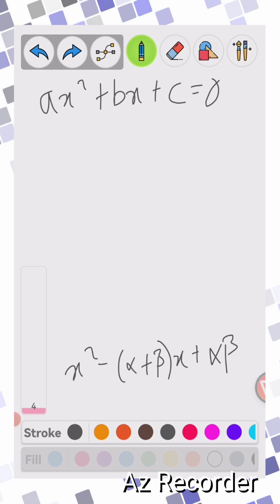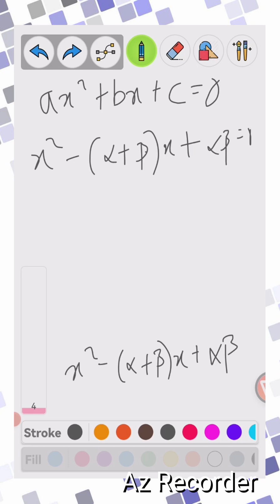Whenever you have any quadratic expression like this, if you were to divide it by a, the general format of every quadratic expression should be x squared minus (alpha plus beta) x plus alpha beta.